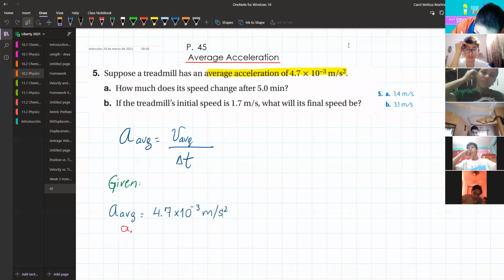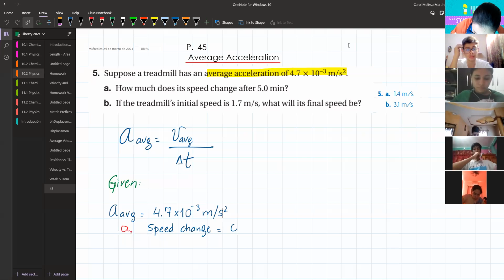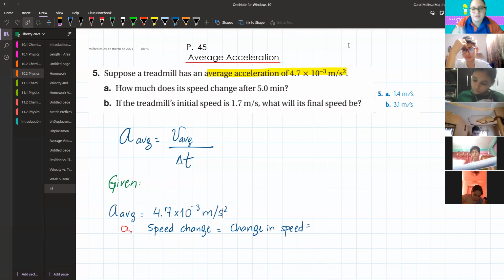Okay. Speed change is equal to change in speed. And every time you see the word change, it represents a subtraction. Change is represented by the Greek letter delta, and that means subtraction.